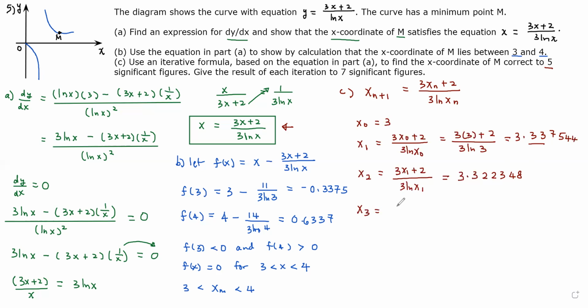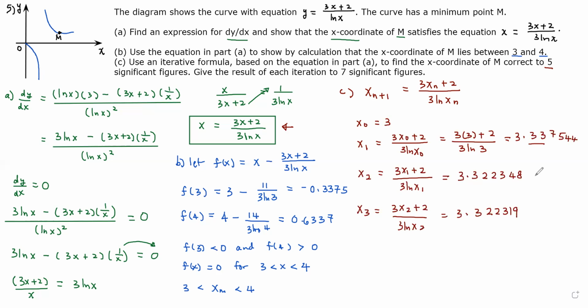Let's try x sub 3. This is (3 x sub 2 plus 2) over 3 ln x sub 2. So we use this value to compute x sub 3, and we get 3.322319.